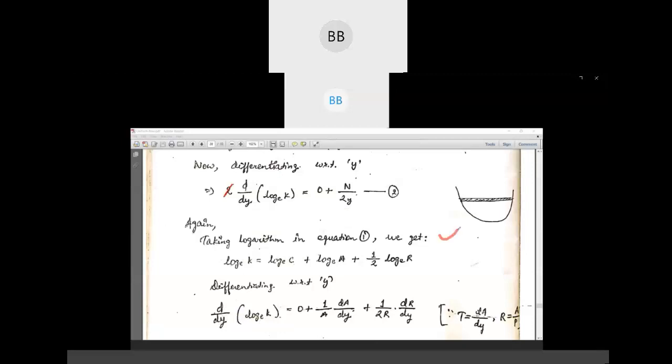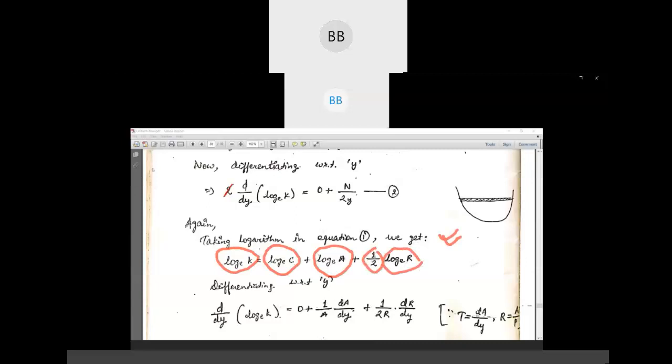First we are going to take log. So log ek is equal to, we have c, log ac, then we have area, and then we have r to the power square half. So half will be here, log er.